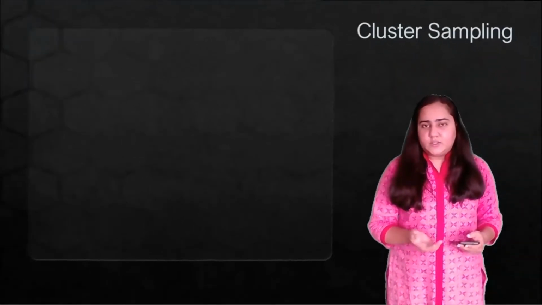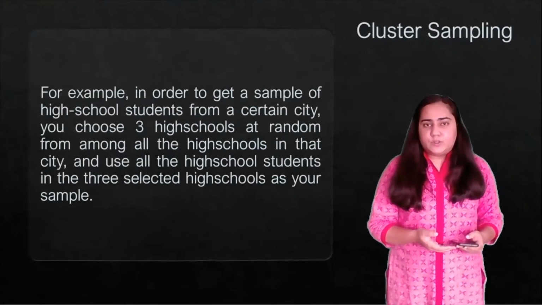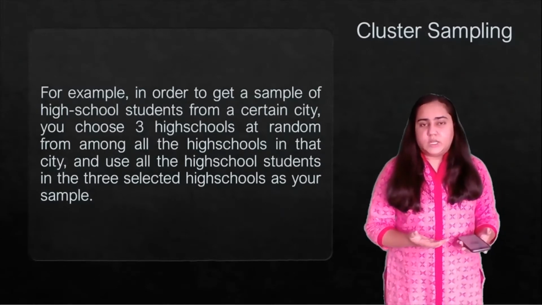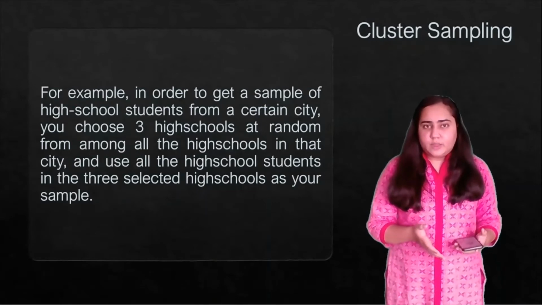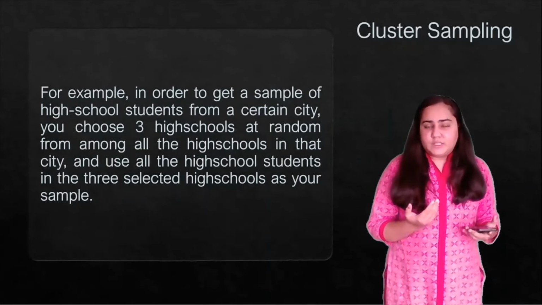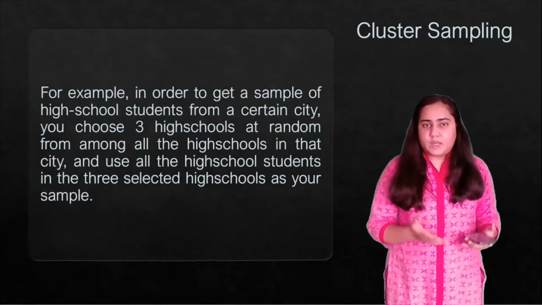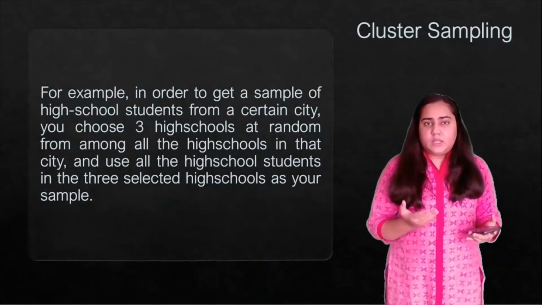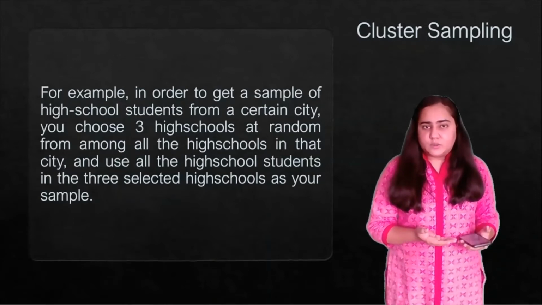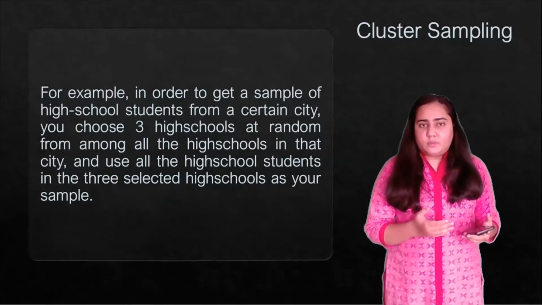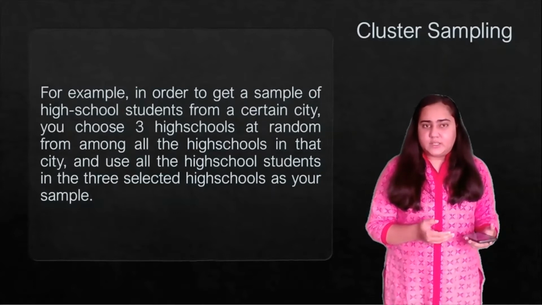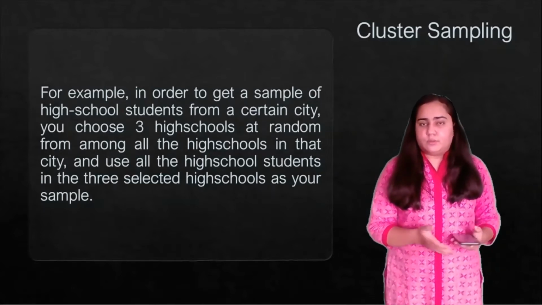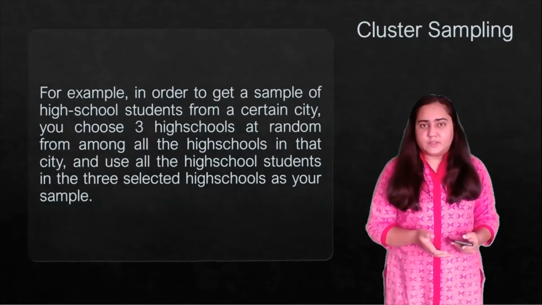Suppose you wanted a sample of high school students from a certain city, then you would first of all go to that city and select 3 high schools at random from among all the high schools, and then use the students of those 3 selected high schools as your sample. So that is how simple cluster sampling is.